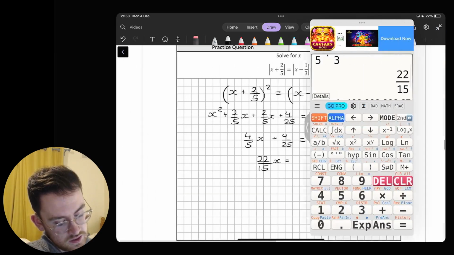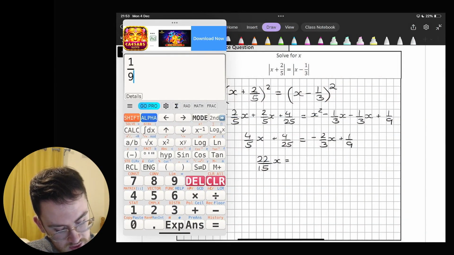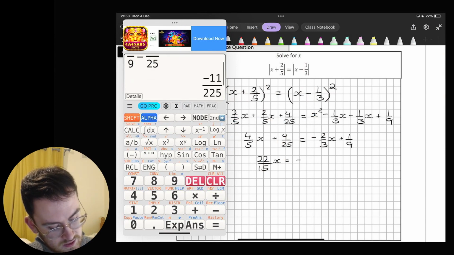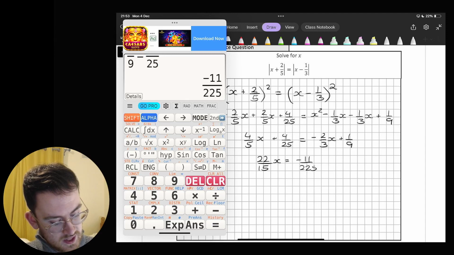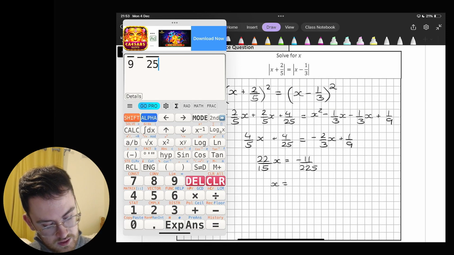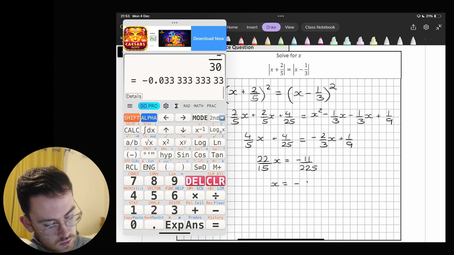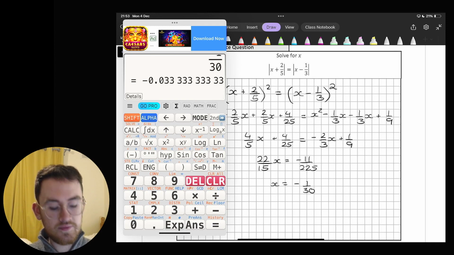And on the other side, I have 1 over 9 minus 4 over 25, which is minus 11 over 225. And dividing across there with the 22 over 15, then it's going to give me an answer of minus 1 over 30.